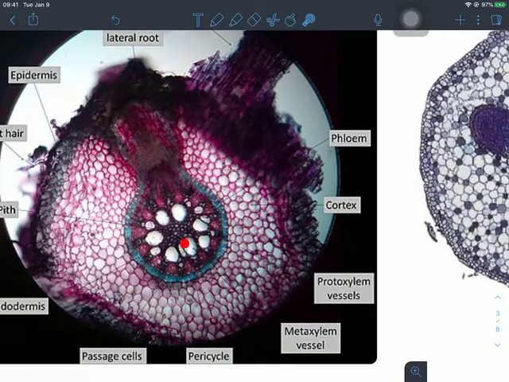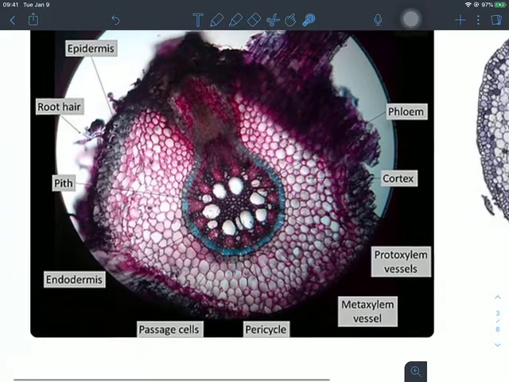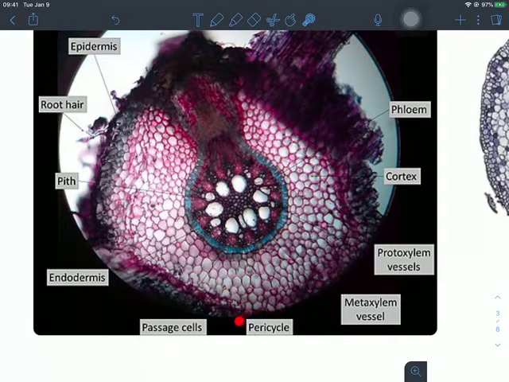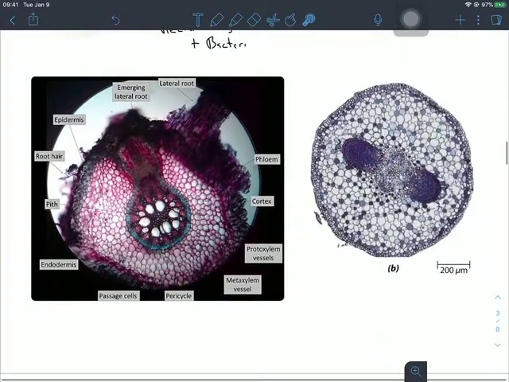Look how big that vessel element is there. Both are the same cell type, but whether you're built early or late will determine how big that cell will grow. You've got the pericycle directly underneath. Ignore the passage cells, but you do notice that you've got a nice thick blue-stained endodermis here. So that serves to review some of the different structures that we've discussed.